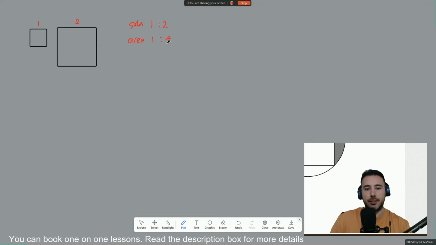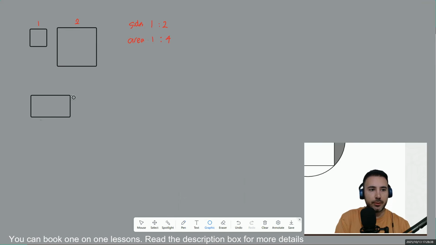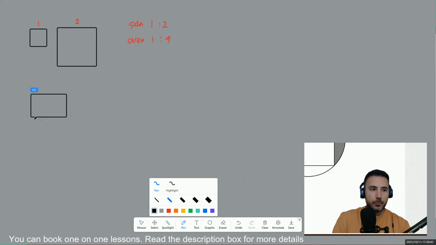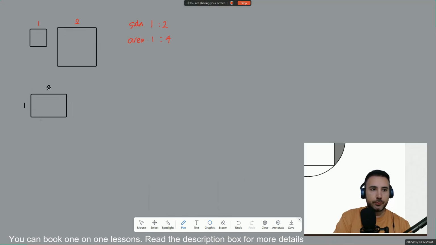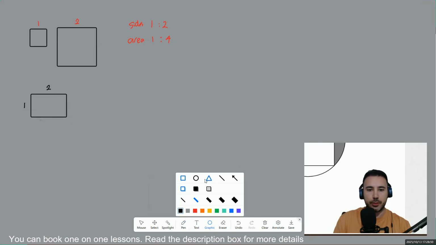Okay? Let's go and deal with something else. So for example, what if we have a rectangle? So let's see, this one is 1 times 2. Let's go and make everything 3 times larger. So let me draw it here.